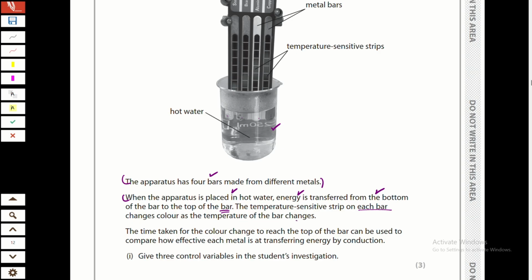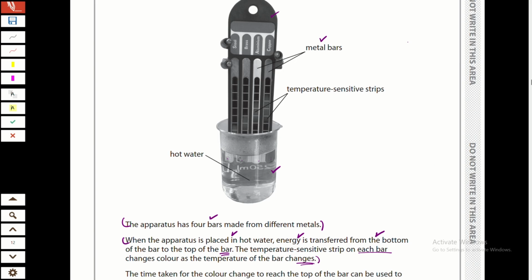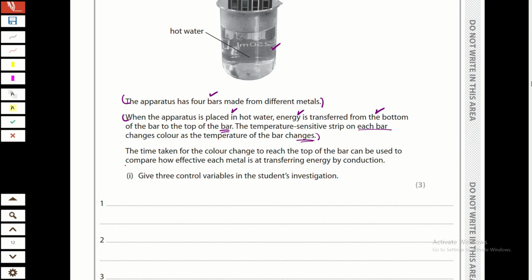Okay. The temperature sensitive strip on each bar changes color as the temperature of the bar changes. So as the heat energy is transferred from the bottom to the top, as the heat rises all the way to the top of the metal bar, the color of the temperature sensitive strip changes.